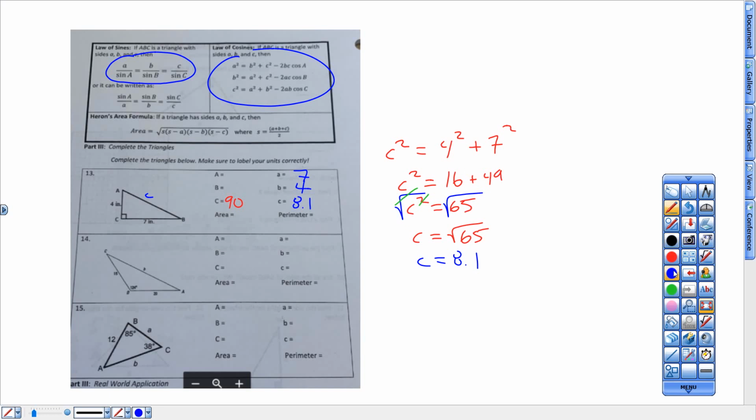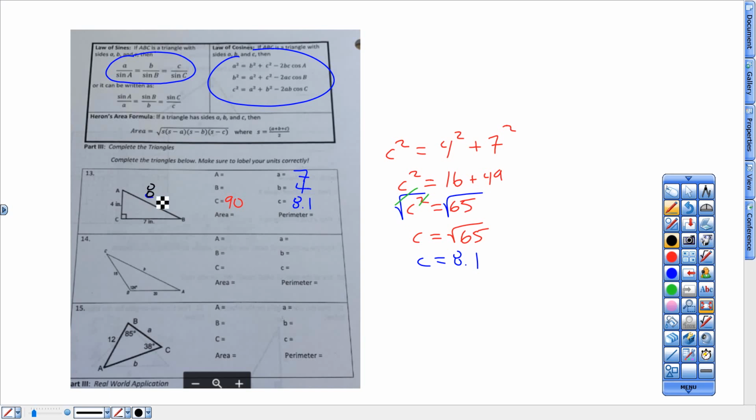So cosine of angle B equals those 2 pieces, opposite. Oh, you know what? I did that wrong, ladies. For this one, since you're given those 2 pieces, you wouldn't want to use cosine. Sorry about that. Since I'm dealing with this 4 and 7, and I know this is 8.1, oh, I guess I could use that.